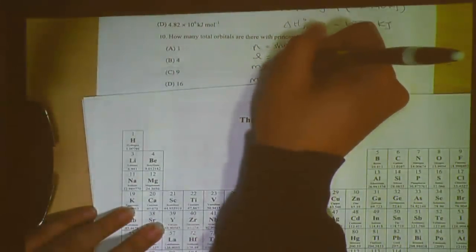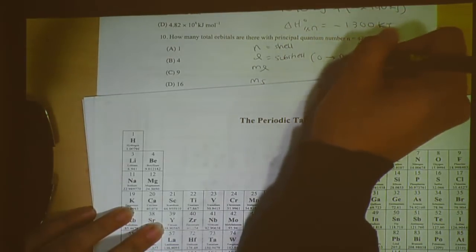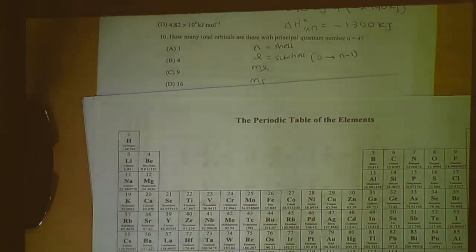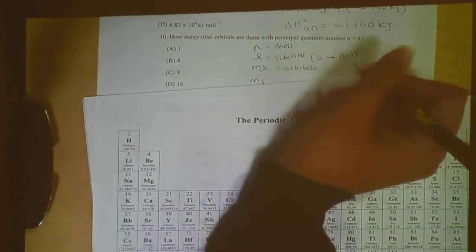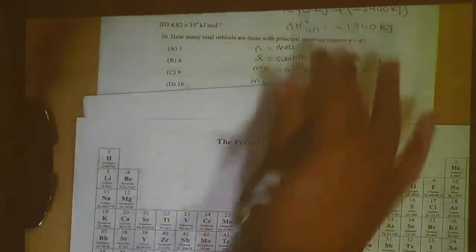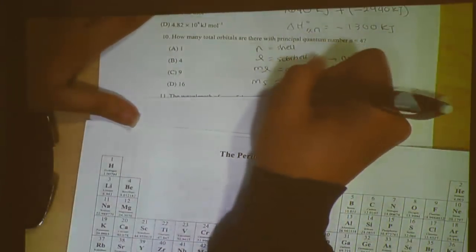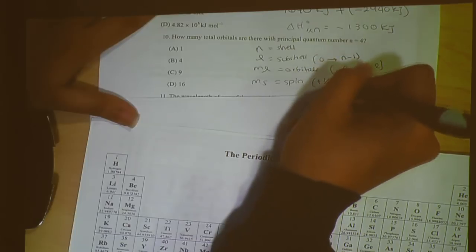L is going to be the subshell, and it's the one that can go from 0 all the way to n minus 1. Ml is the orbitals, and it can go from negative L to positive L. And Ms is the spin, and it can only be either a positive half or a negative half.